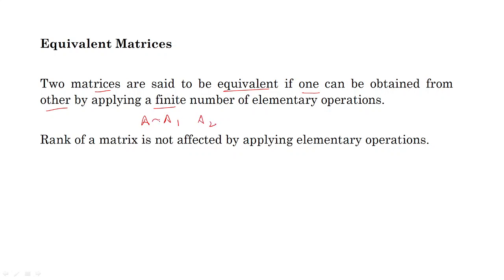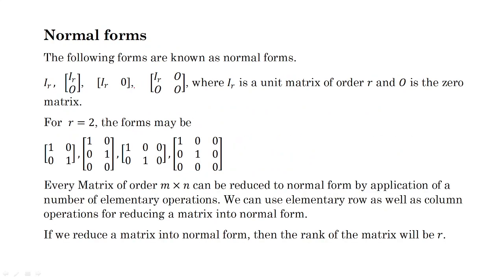You can write A is equivalent to A1, A1 is equivalent to A2. Now the rank of a matrix is not affected by applying elementary operations. It means you can write rank of A is equal to rank of A1, which is equal to rank of A2.